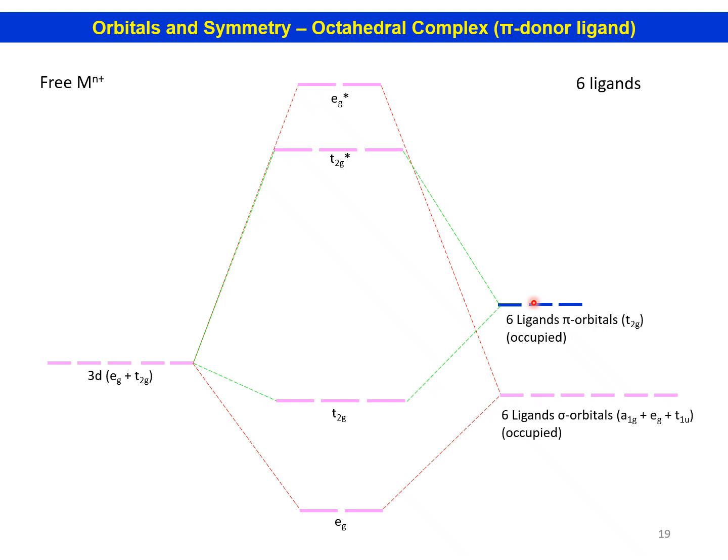In the molecular orbital diagram for sigma donor, the t2g is placed at the same line with the non-bonding level in reference to the 3d orbital. But in the pi donor ligand, the t2g is placed below the non-bonding level in reference to the 3d orbital. Not so far below the non-bonding level, but below the non-bonding level.